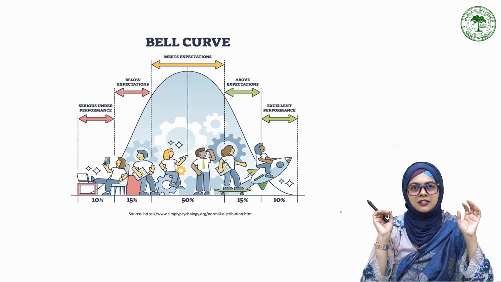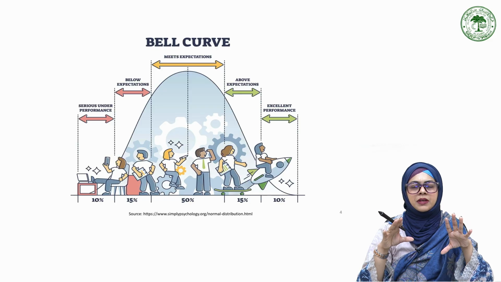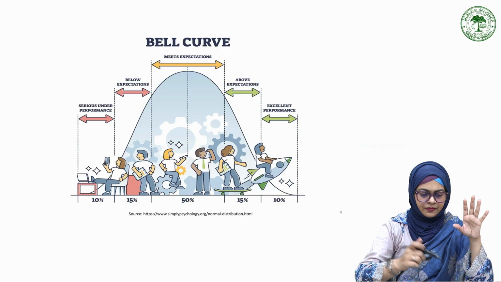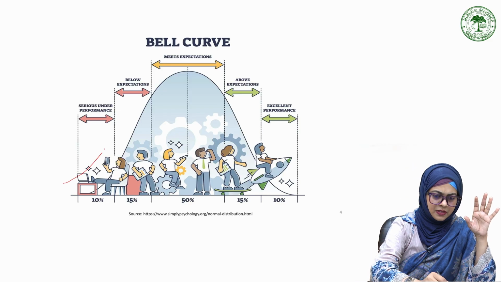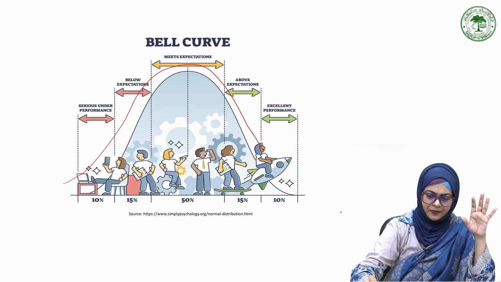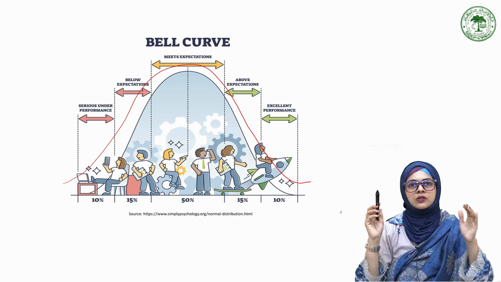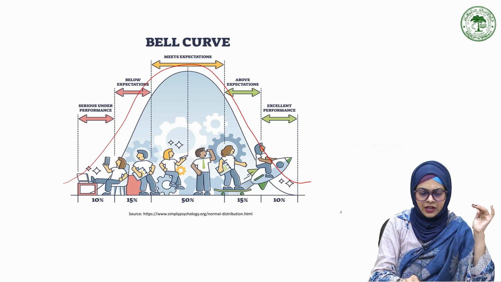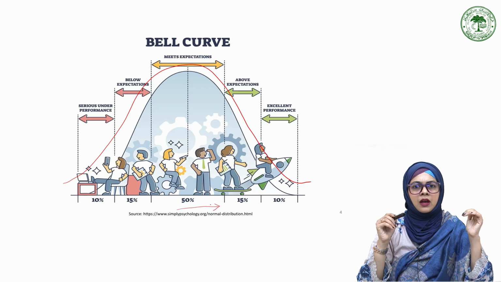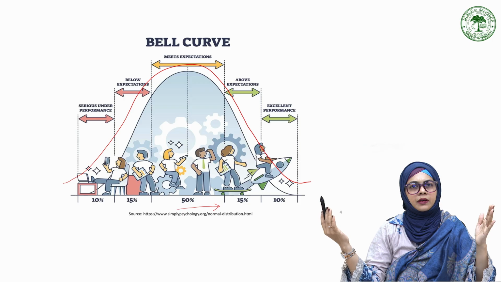Now let's have a look at this bell curve. This image represents the bell curve, and you can see the shape of a bell, right? The horizontal axis shows the range of performance, from poor to excellent.